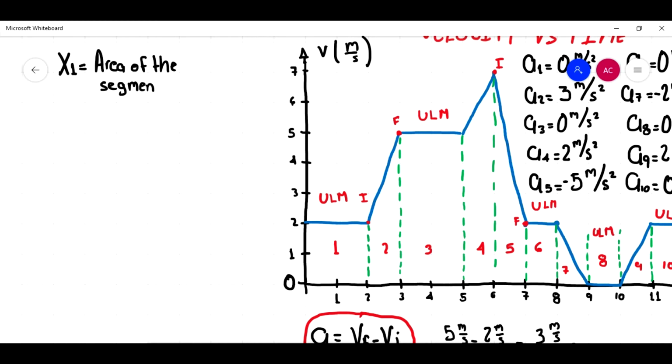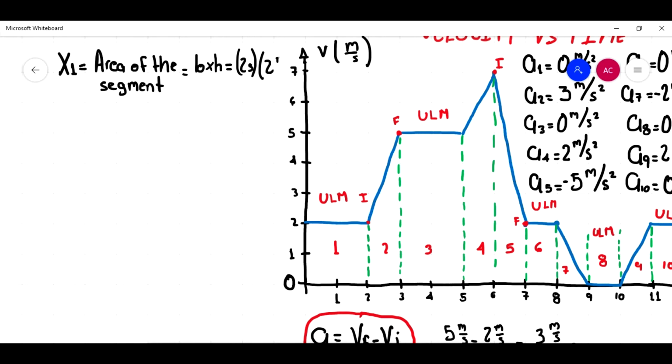Okay, so it depends on the figure that we have. In this case we have a rectangle, a square, and the area formula will be base times height. So the base is 2 seconds, times the height, that is 2 meters per second.